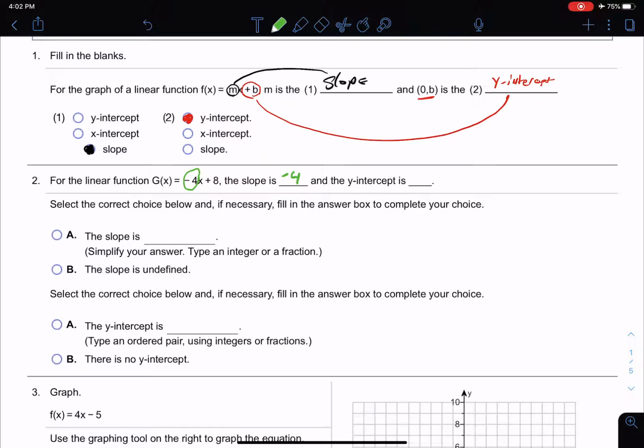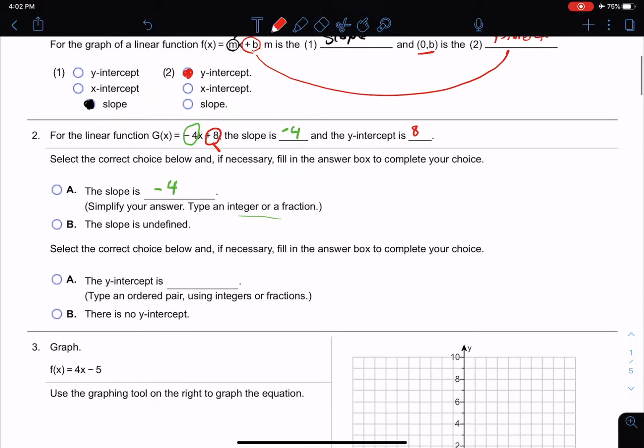It says to type your answer as an integer or fraction. Negative 4 is fine. When I actually step it out, I like to write it as a fraction, negative 4 over 1. But just writing the answer down is fine that way. And then the y-intercept, of course, is this value right here. You have to take the sign with it, and that's going to be 8 is the y-intercept.